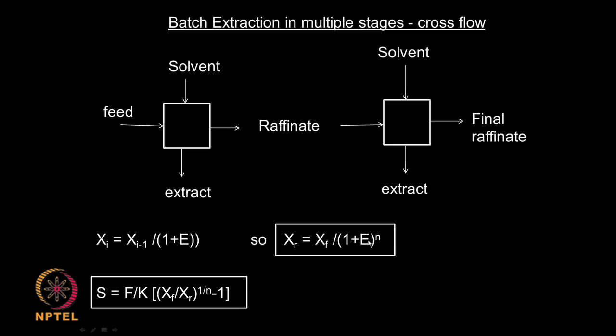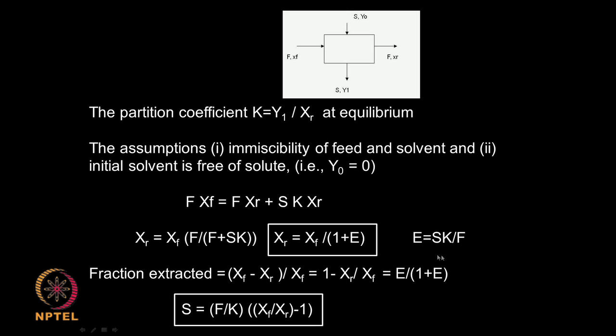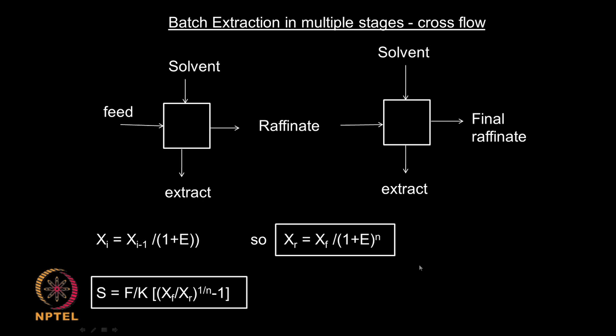Then E is nothing but the efficiency which I talked about. If you remember, E is nothing but Sk by F. So, I know S, I know F, I know K, and I can calculate E. From there I can get the number of stages. So, this is a very powerful equation for calculating the number of stages required, for example, to recover 99% of my solute in n stages of cross flow.